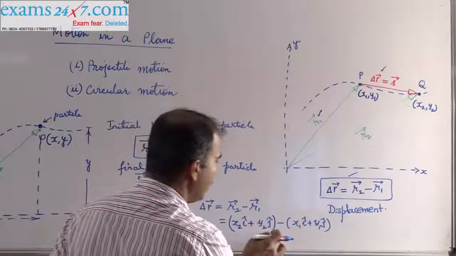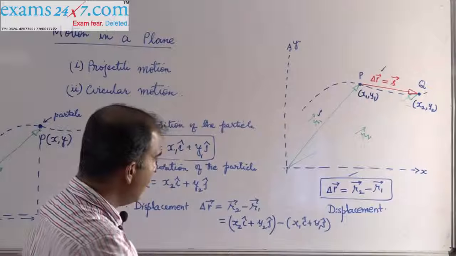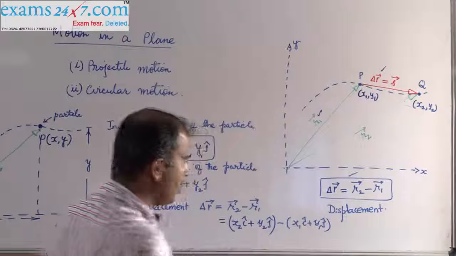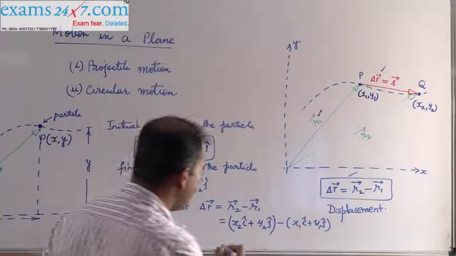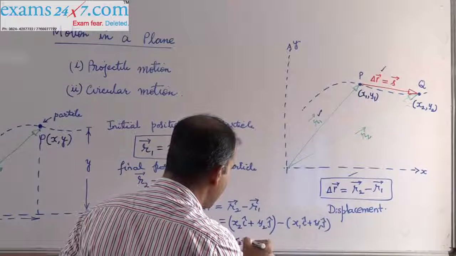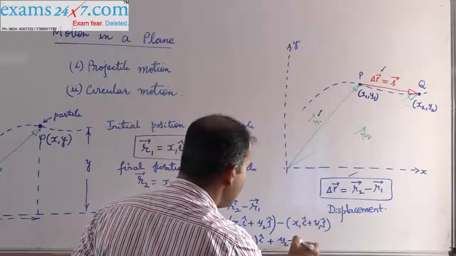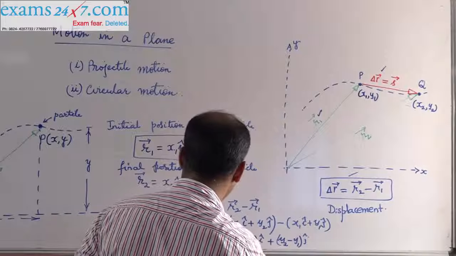If you remove these brackets and then club the coefficients of i cap together and the coefficients of j cap together, you will get x2 minus x1 i cap plus y2 minus y1 j cap.